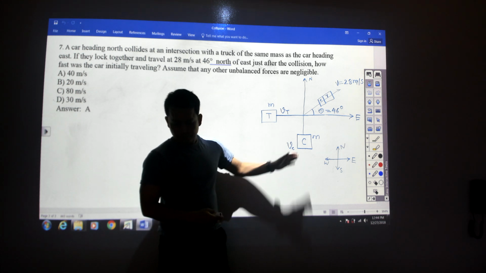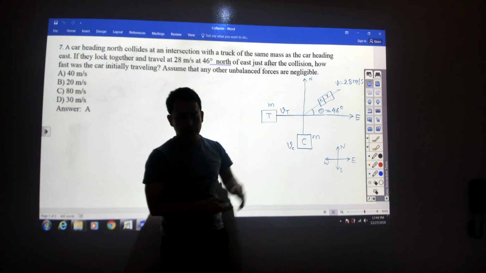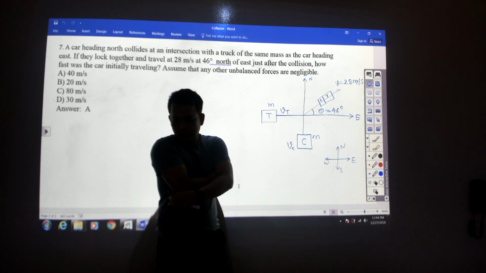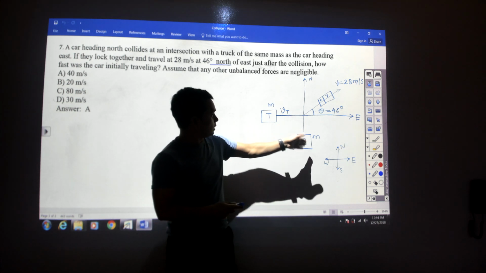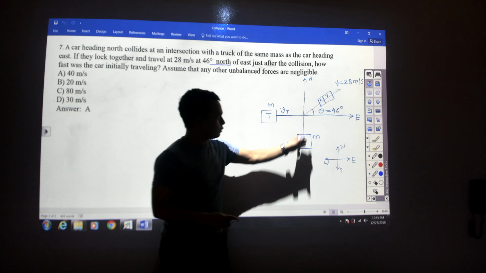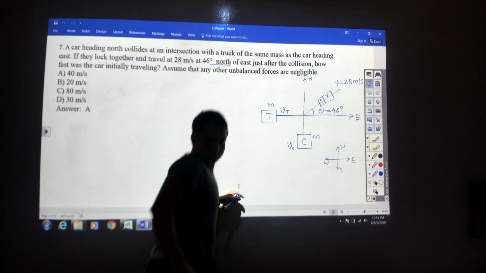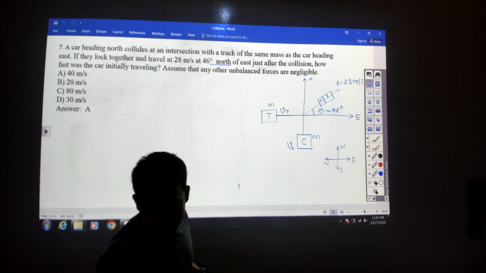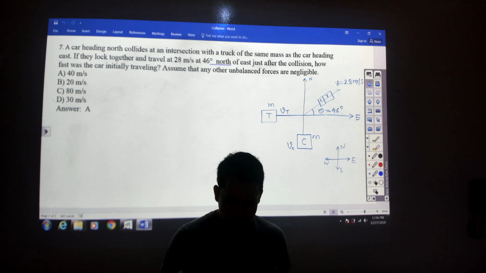The car is moving along the north direction. We'll call this the y-axis. In this case, the total momentum has to be conserved along both the x-axis and the y-axis.